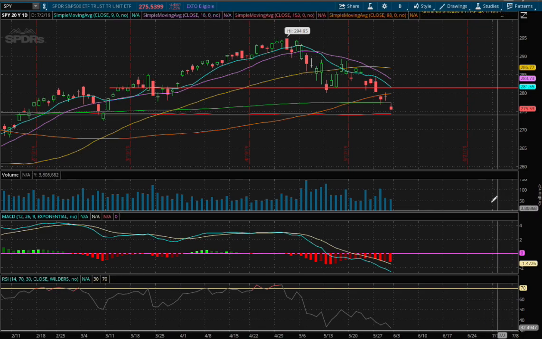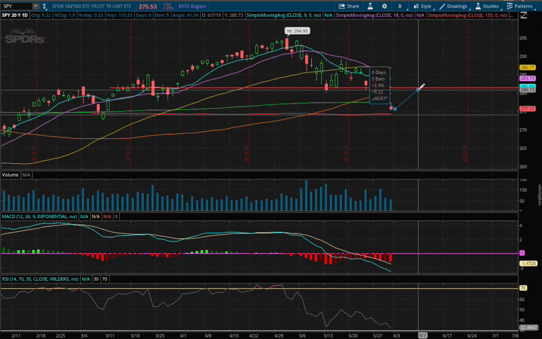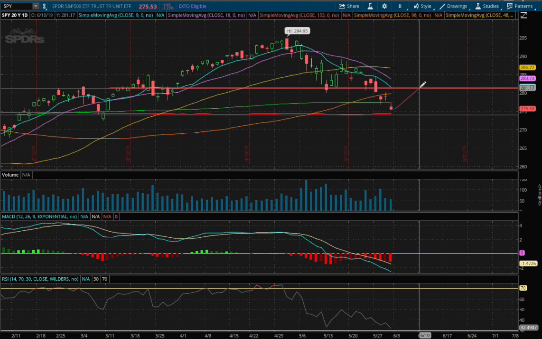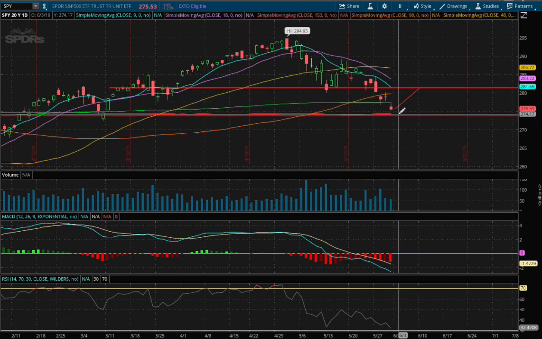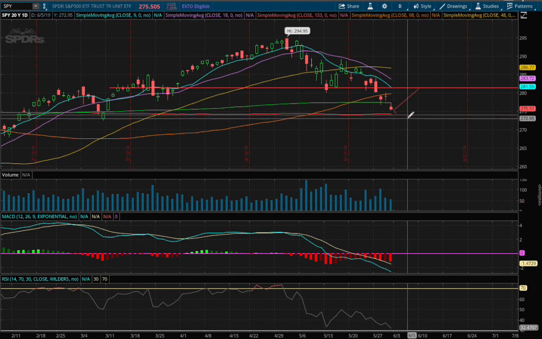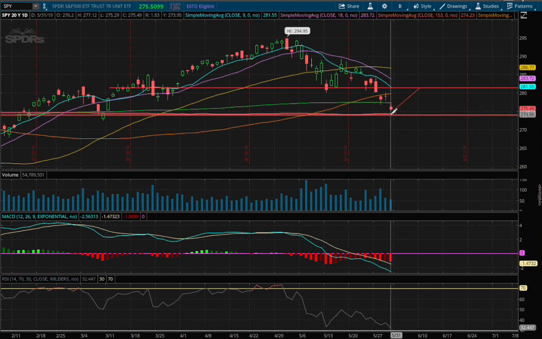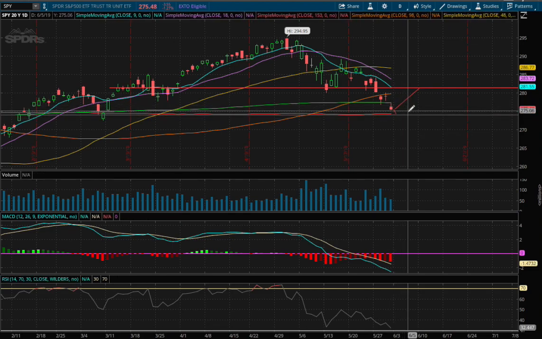If we were to move on higher, that price movement will be about a 2% move up. But if we continue on down, the price movement will be about 44 basis points. But I do see the trend hitting lower and then more sideways action. There's a possibility of that happening.